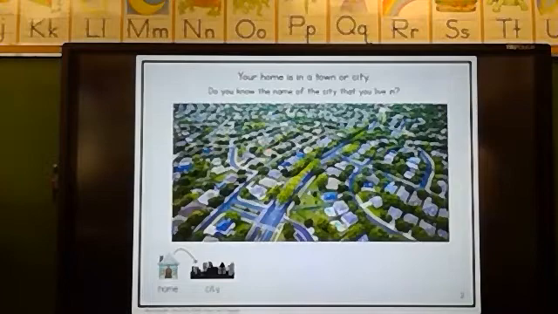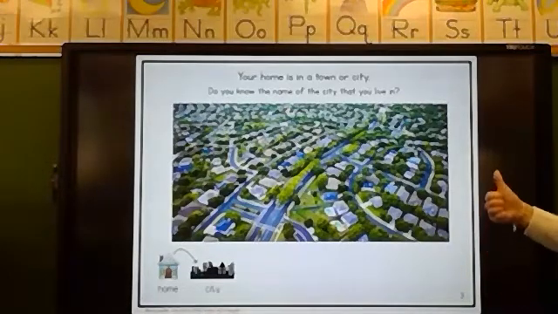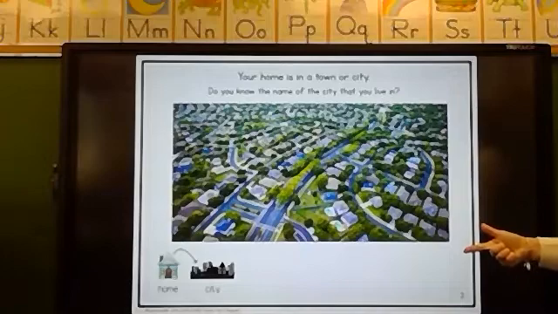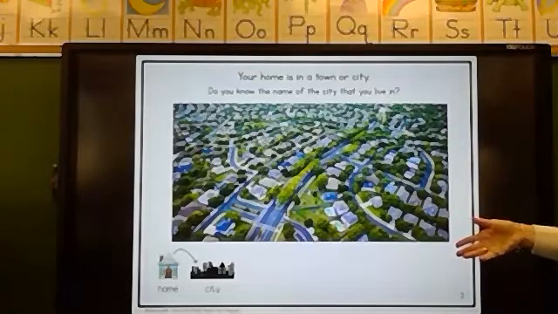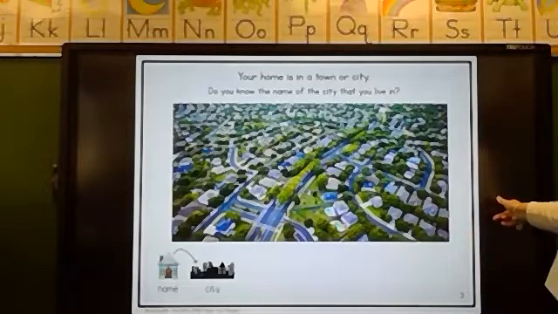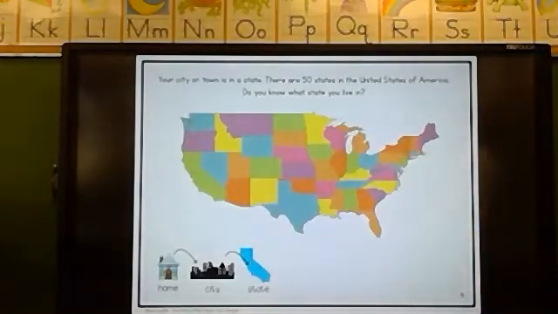Your home is in a town or city. Do you know the name of the city that you live in? It's going to either be Sanford, Lake Mary, DeBary, Deltona, DeLand. Your city or town is in a state.